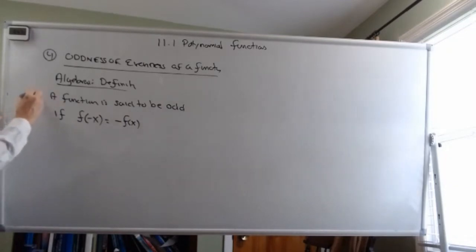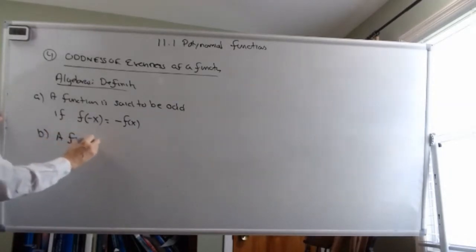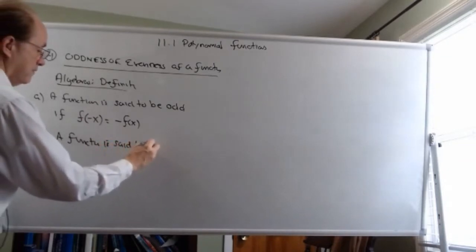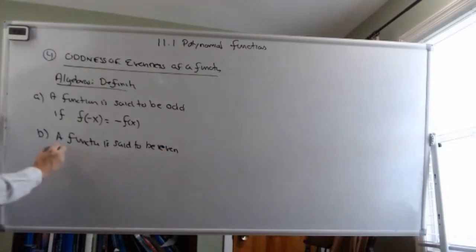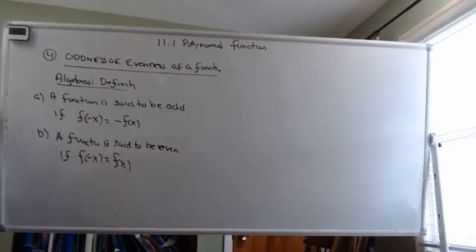So there's one definition over here. In a similar vein, a function is said to be even if f of the negative of x is just f of positive x. The sign doesn't matter.